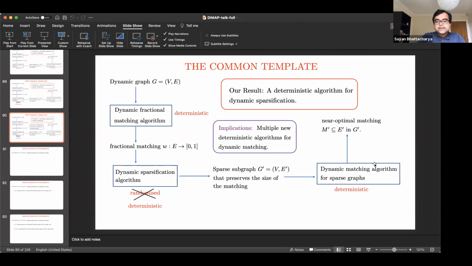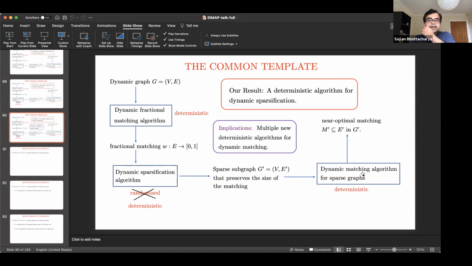So look at this third ingredient, dynamic matching algorithm for sparse graphs. This gives you a 1 plus epsilon approximate integral matching. Now, in a bipartite graph, there is no gap between fractional versus integral. So if you are feeding it a fractional matching of value lambda, this third ingredient will output an integral matching of value 1 minus epsilon times lambda.